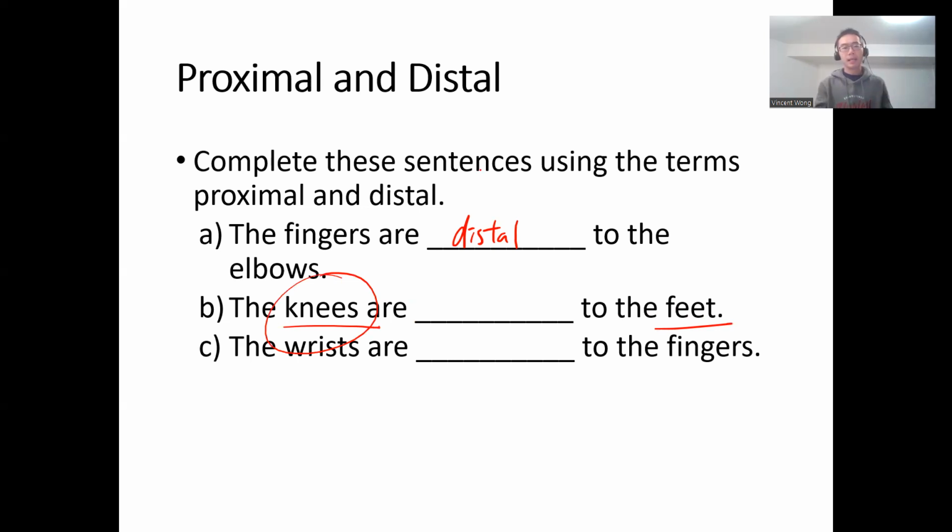Closer to your hip. So we say proximal. Wrists and fingers. Wrist is closer to the elbow than the fingers are. We also say proximal. That's all.